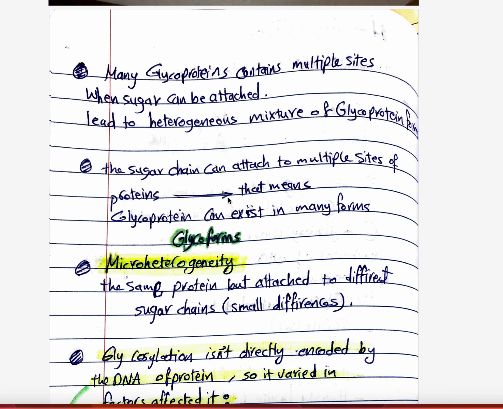Many glycoproteins contain multiple sites where the sugar can be attached, leading to heterogeneous mixtures of glycoprotein forms.